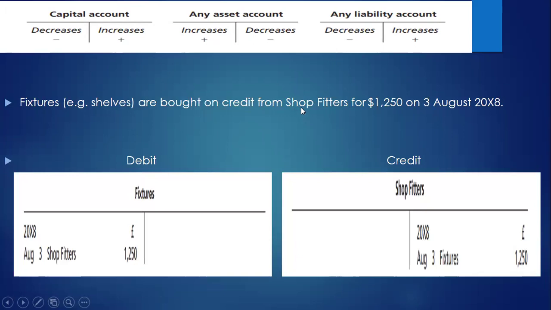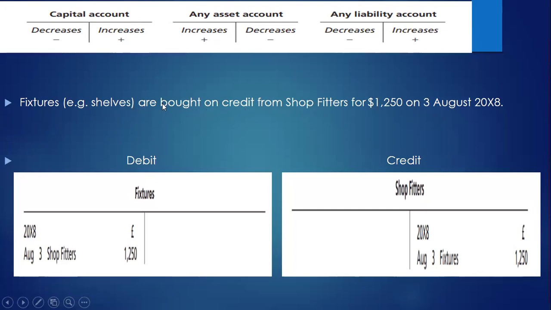He bought shop fitters, which you can also consider as assets. He bought on credit, so is cash involved here? No cash. He promised to pay the amount later on.